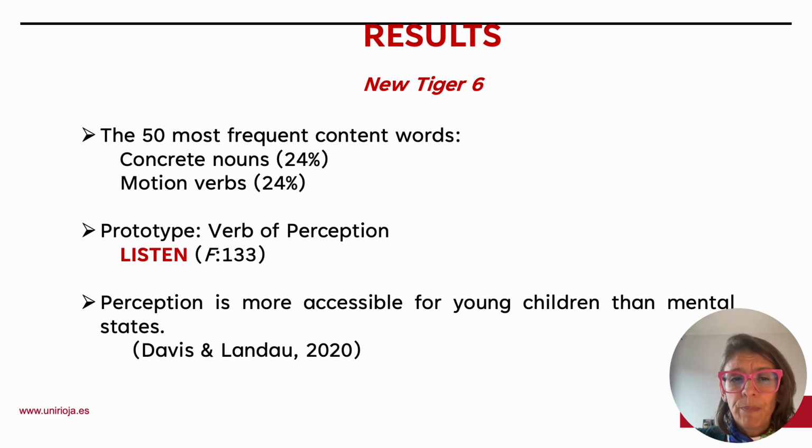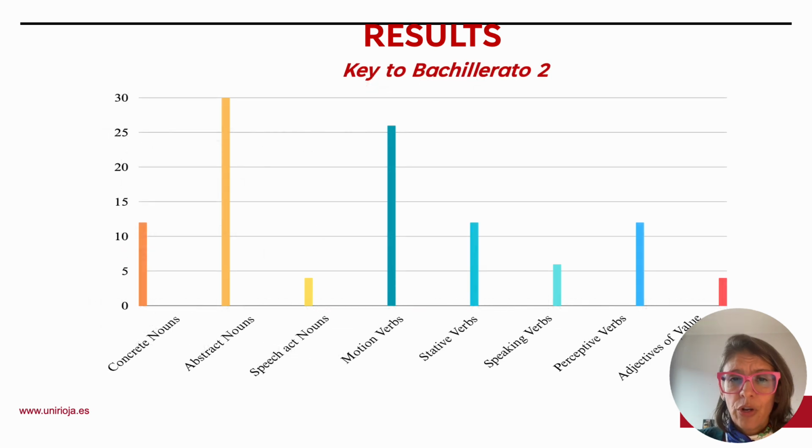If we compare over here in Key to Bachillerato 2, the 12th grade textbook, we can see a slight difference regarding verbs. Actually, in motion verbs, Key to Bachillerato 2 and New Tiger 6 are quite similar. In this case, they obtained 26%. But there is a huge difference between concrete nouns and abstract nouns.